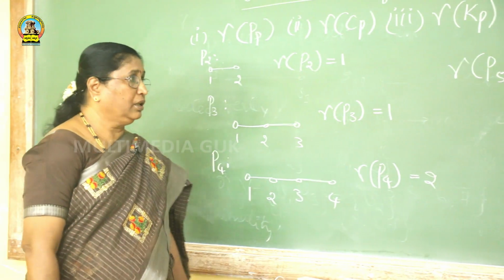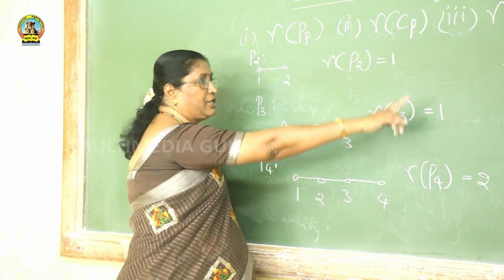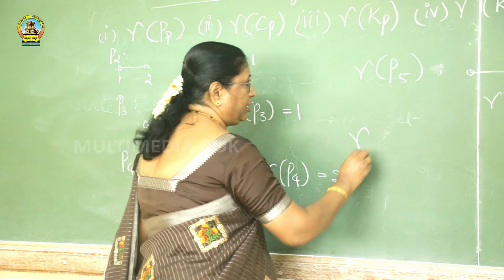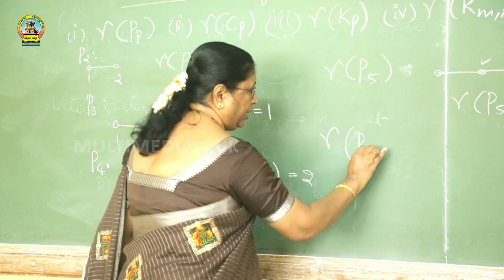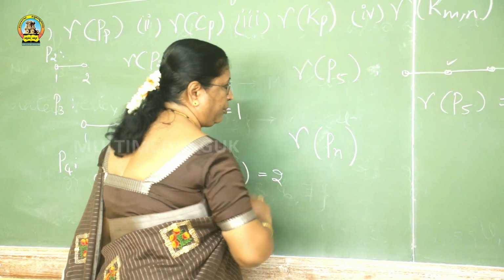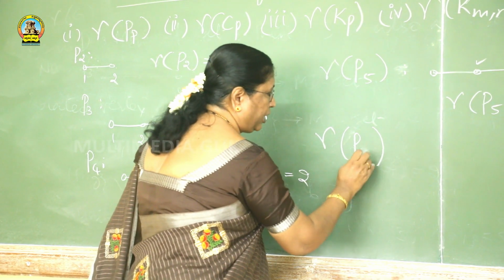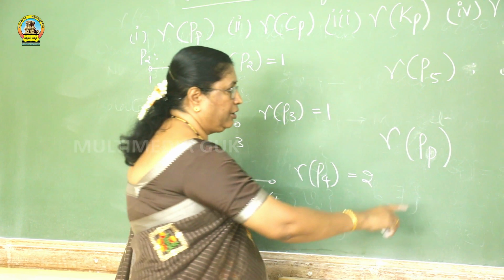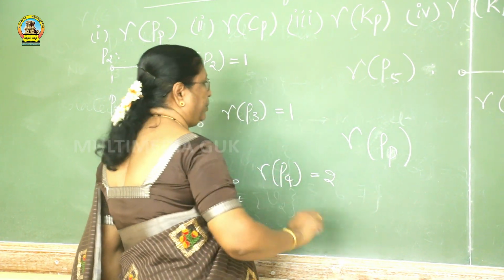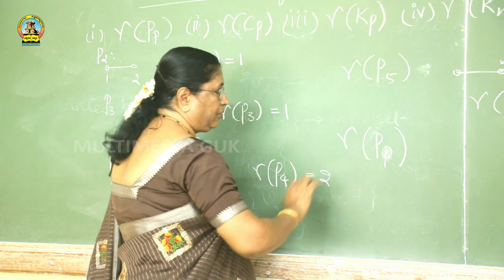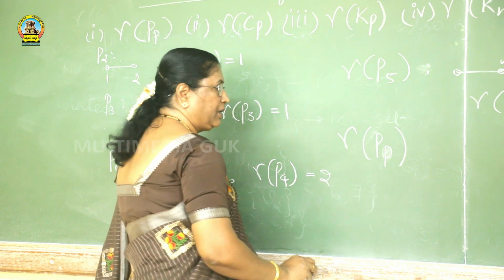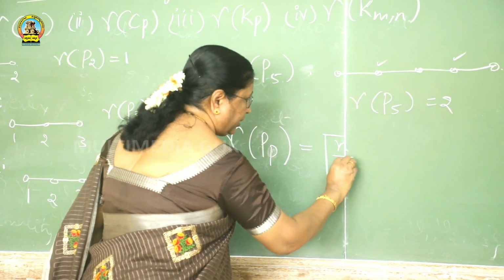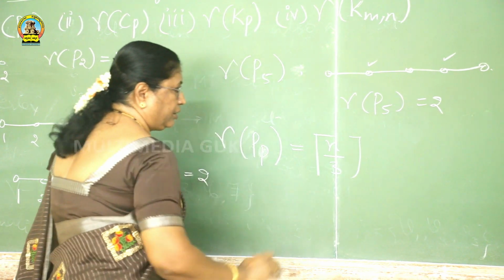But here, looking at the generalization of the domination number, the domination number of Pn, where n is the number of vertices, we can write it as the ceiling of n by 3.